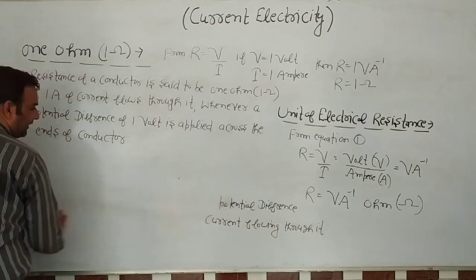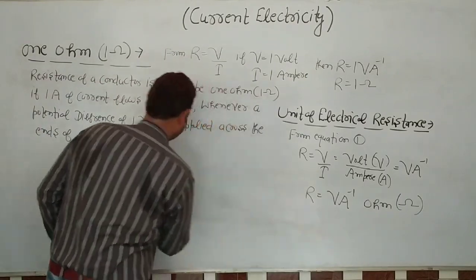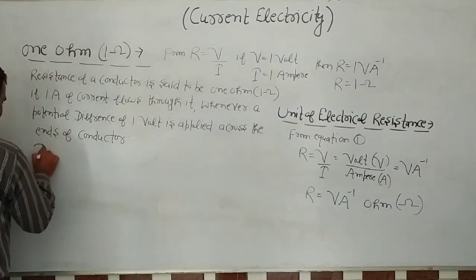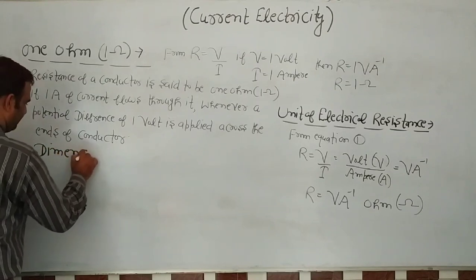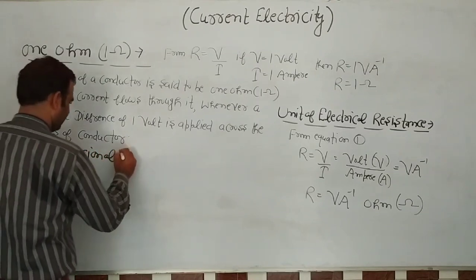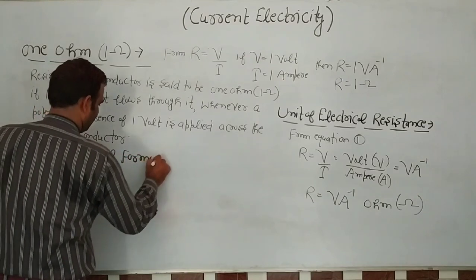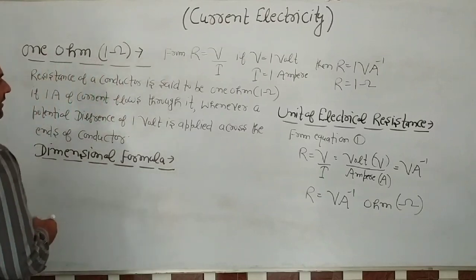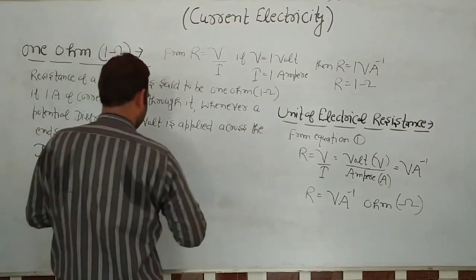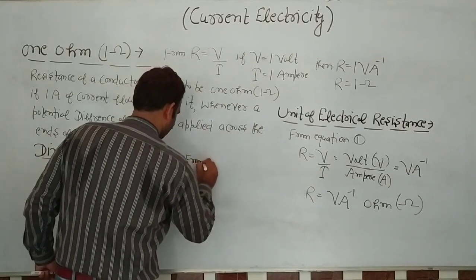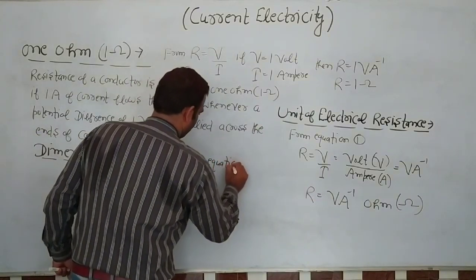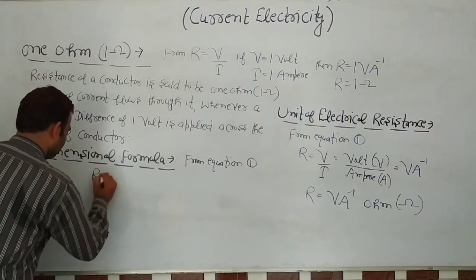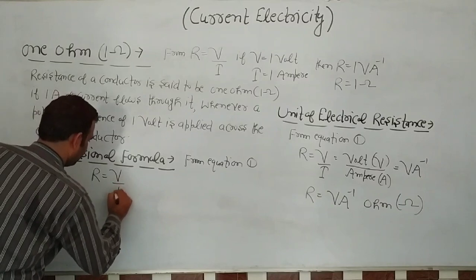Now the dimensional formula of electrical resistance. क्या बन जाएगा डायमेंशनल फॉर्मूला यहाँ से, from equation 1, R की वैल्यू क्या जाएगी आपके पास, R is equal to V upon I.